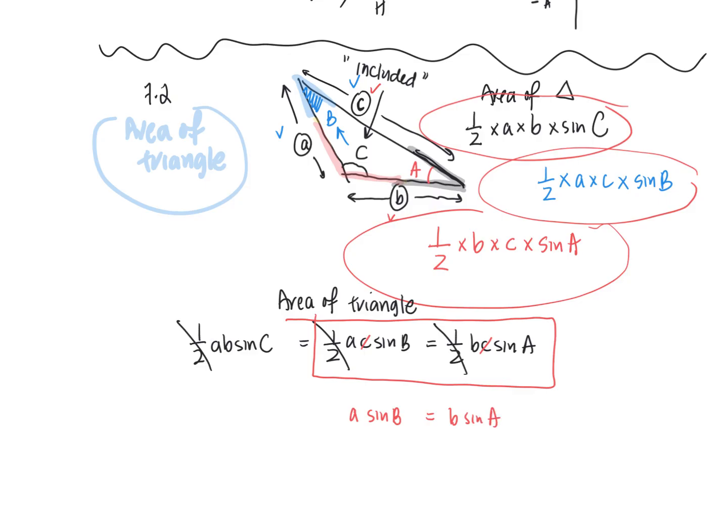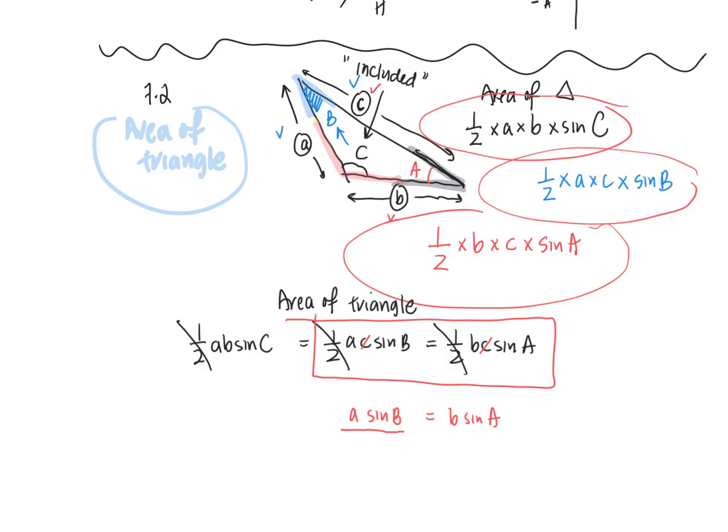If you shift them, meaning if I divide this by sine A, then this one cancels out, right? Can you see that?